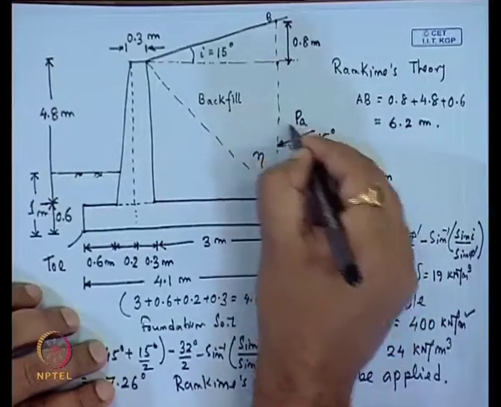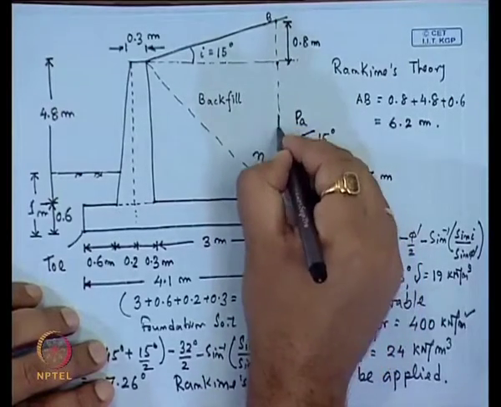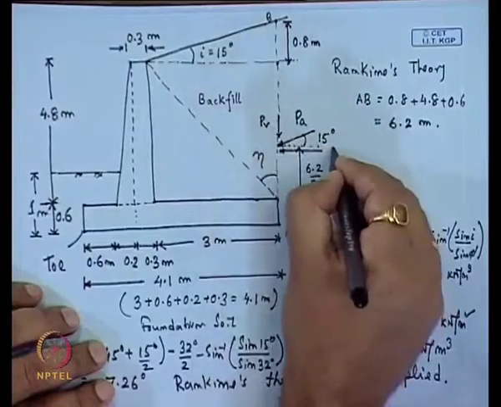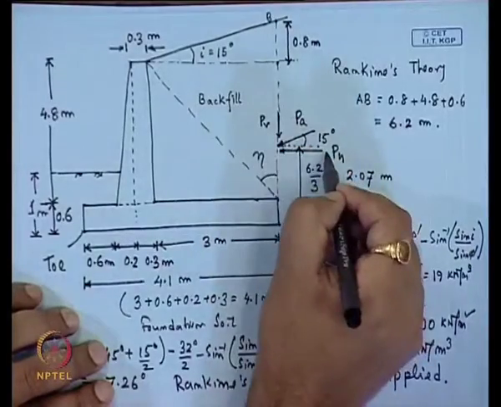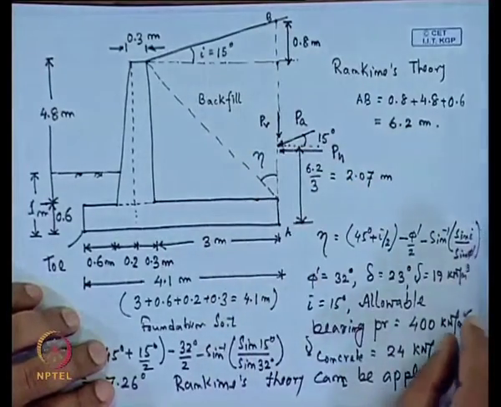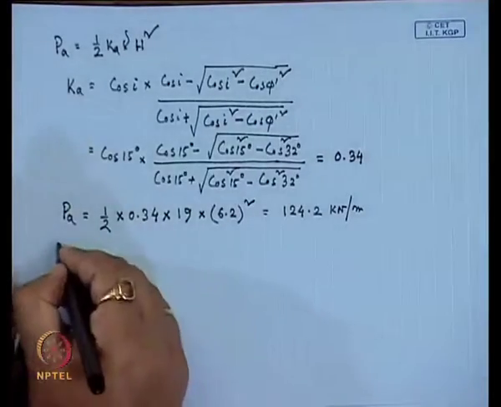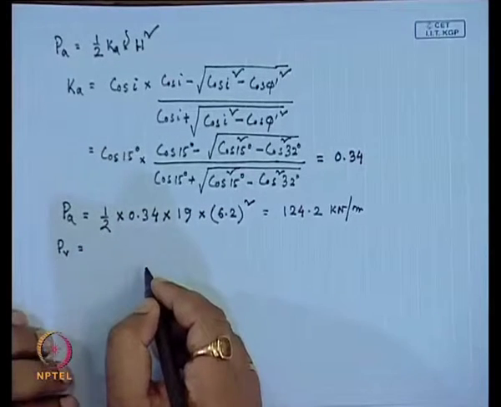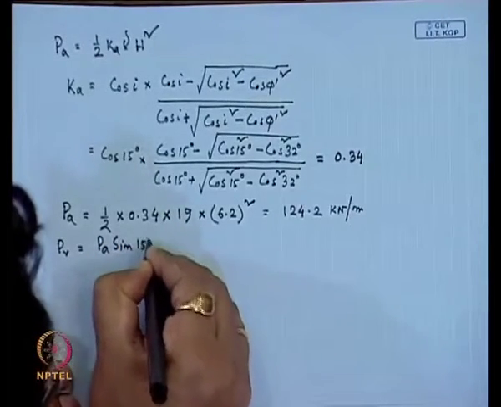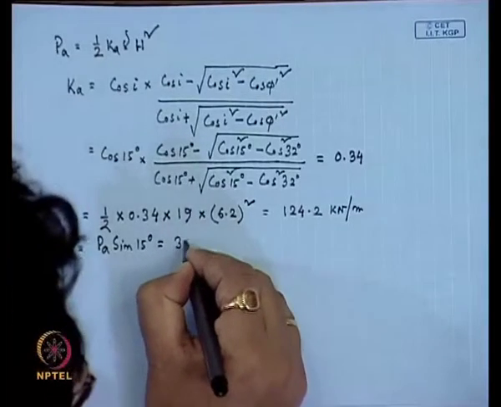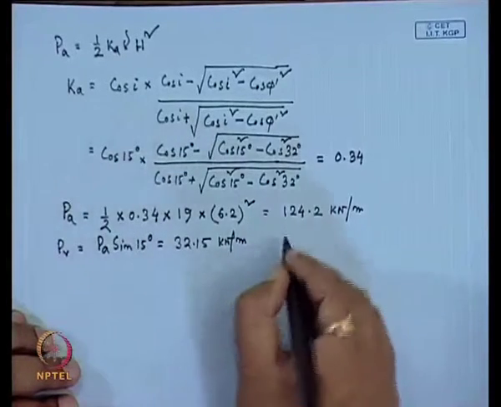So, we can take the vertical and horizontal components of this P A; this is P V and this is P H. P V is the vertical component of P A, and P H is the horizontal component of P A. So, P V is P A into sin 15 degree, that is equal to 32.15 kilonewton per meter.